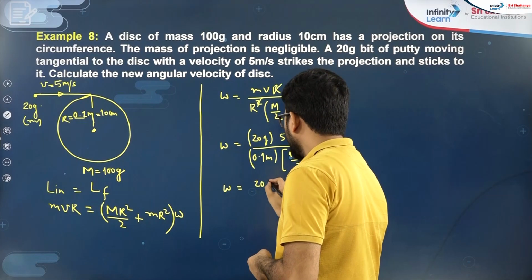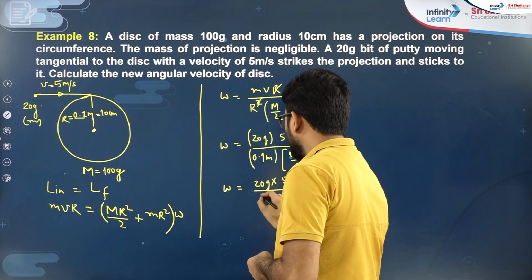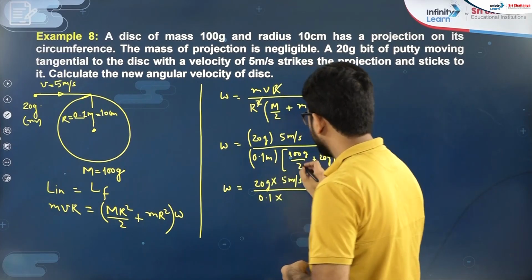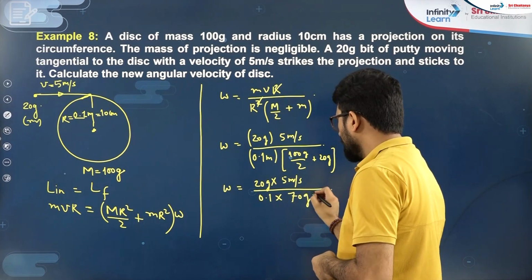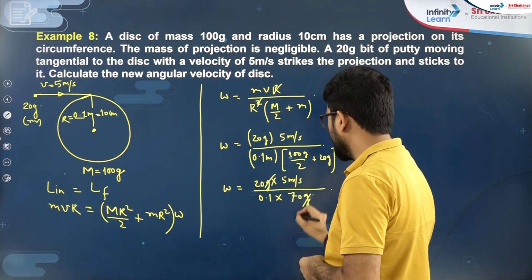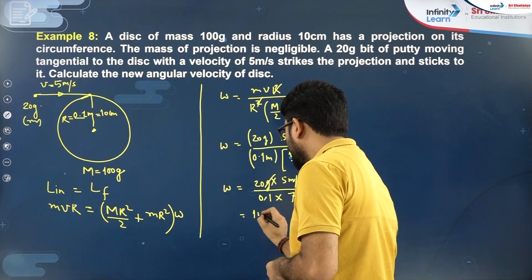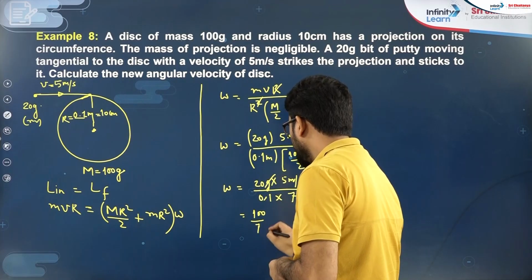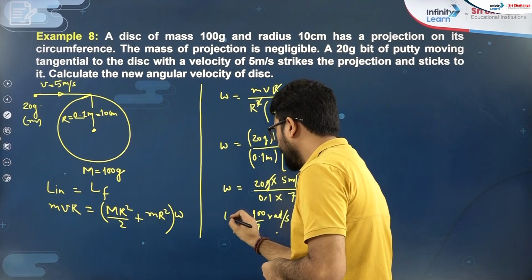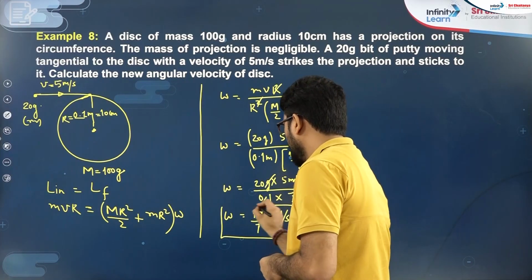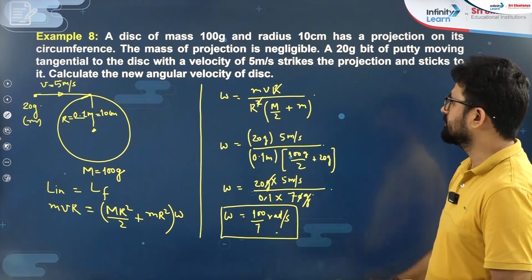That would be 20 gram into 5 meter per second divided by 0.1 multiplied by (50 plus 20), that would be 70 gram. Gram can be cancelled, the zero can be removed, and that would be 100 by 7 radian per second. That is omega. Very simple, you can use it. This is the new angular velocity of the system.